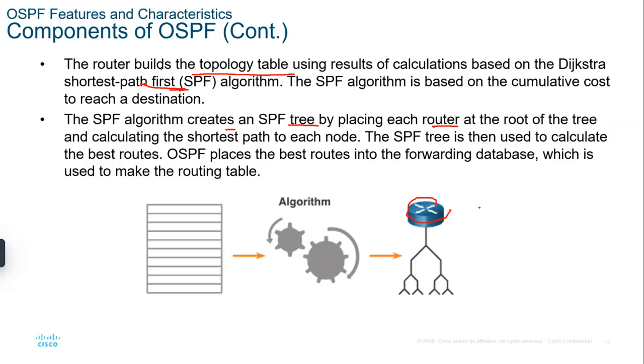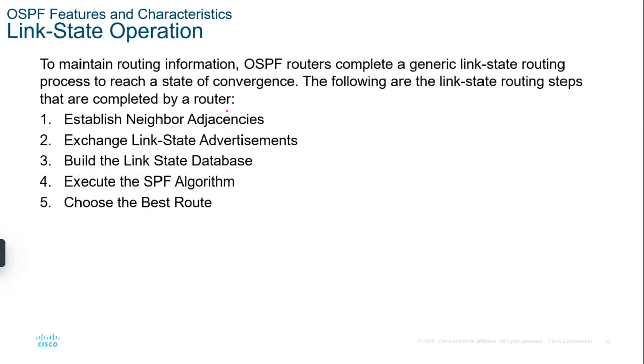Whichever comes as the shortest path is the one that is placed in the topology table, and then still on top of that it is placed in the routing table. So OSPF places the best routes into the forwarding database, which is used to make the routing table.